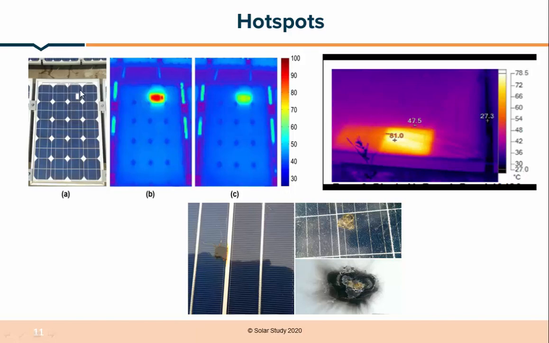That time it starts generating more current. Because of this crack there will be a mismatch in the voltage or current that will generate more heat. This crack can be detected using infrared imaging.